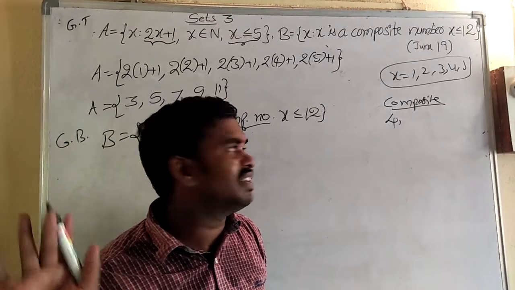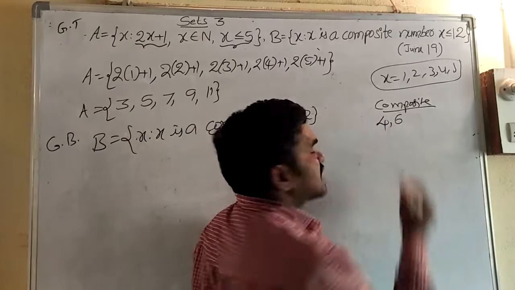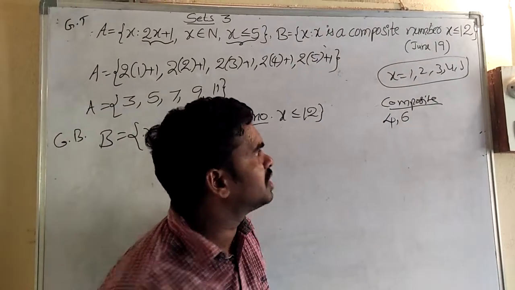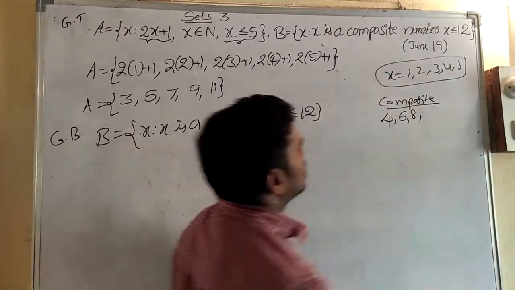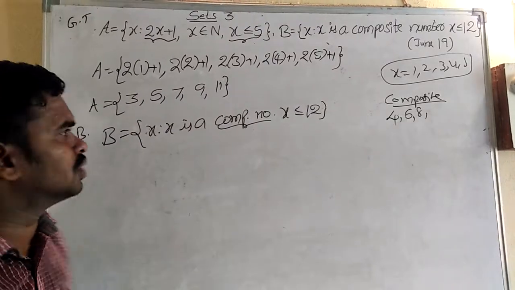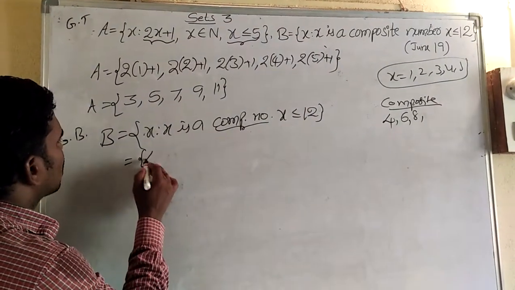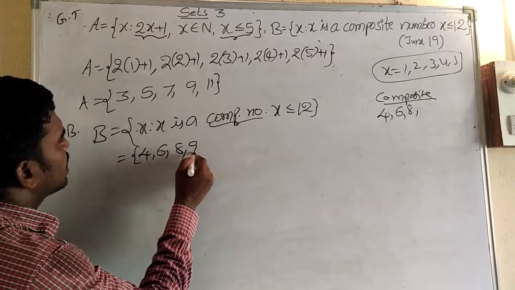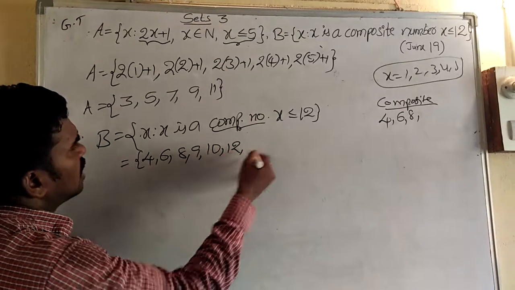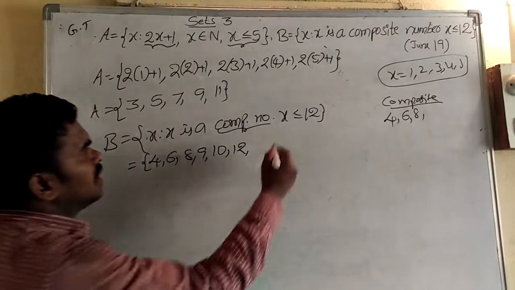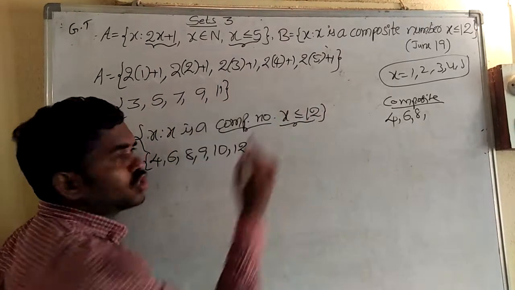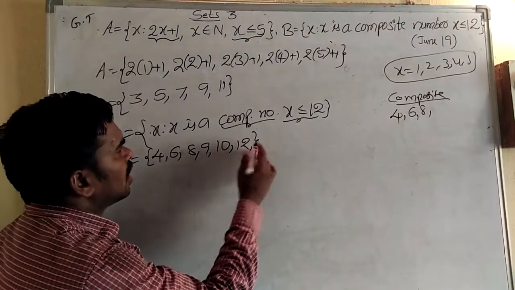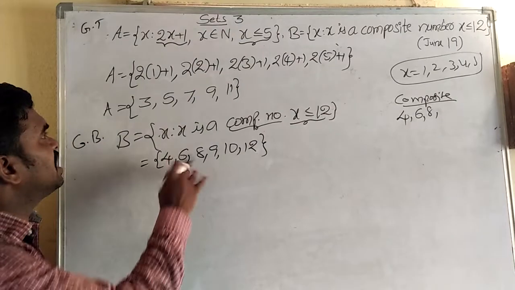That is a prime. Leave it. Then 6 is composite. Next, 8 is composite. So we can write composite numbers: 4, 6, 8, 9, 10, 12. Next also we can write, but the condition is given up to 12 only. So that's why we close at 12. This is B, this is A.